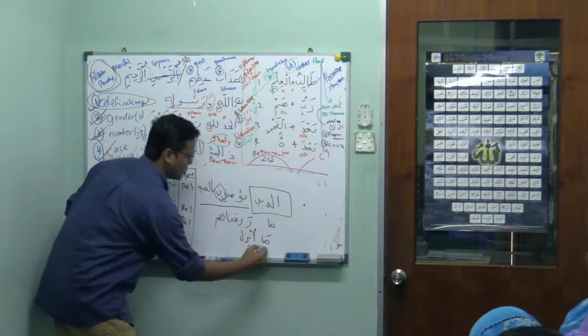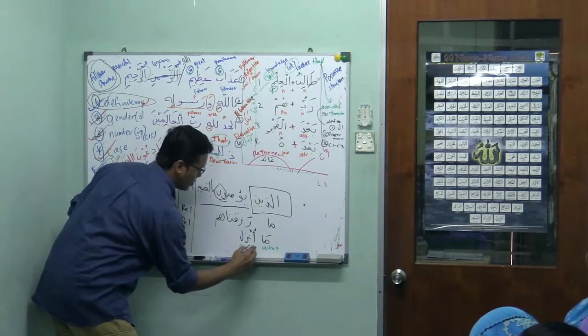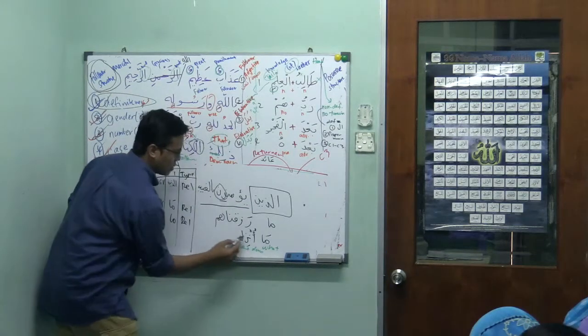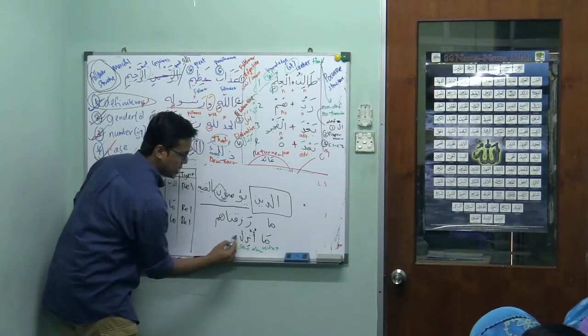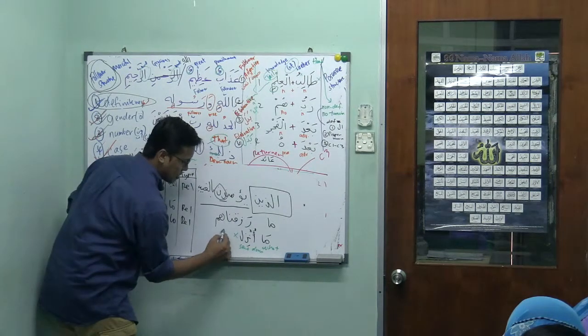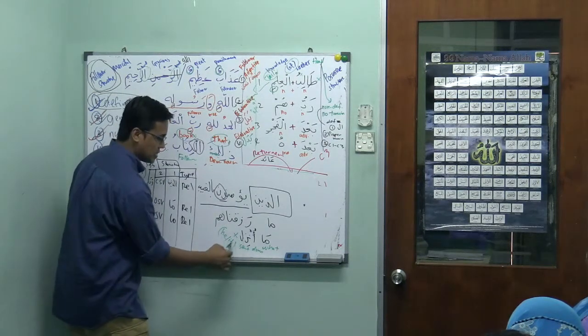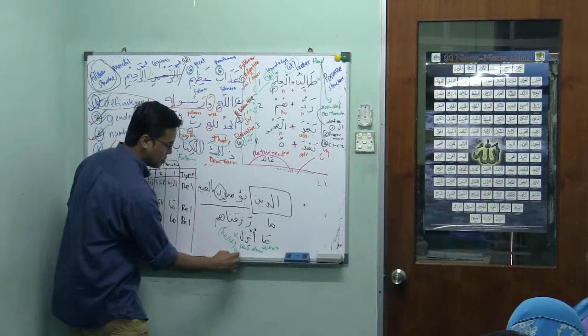Are you sure? This is send down. When there's a root 1, 2, 3, nothing at the back, which means there is a he or it. Okay, so this means it was sent down.